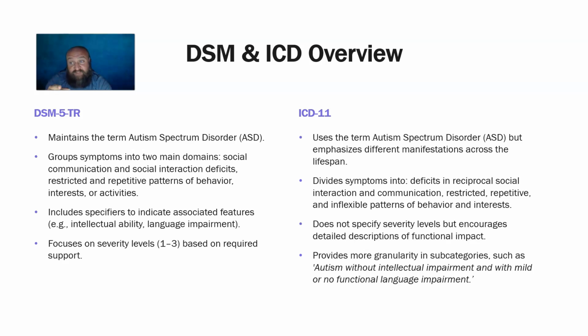The DSM-5 is the 5th edition. TR means it's a text revision, so there's a DSM-5, and now there's a DSM-5-TR. Probably in, I don't know, 5 to 10 years, there's going to be a DSM-6. It's just constantly being revised, new editions coming out, information changing, and you saw that in that lecture I did on the history of autism.